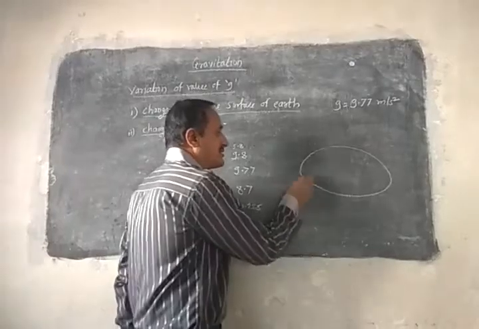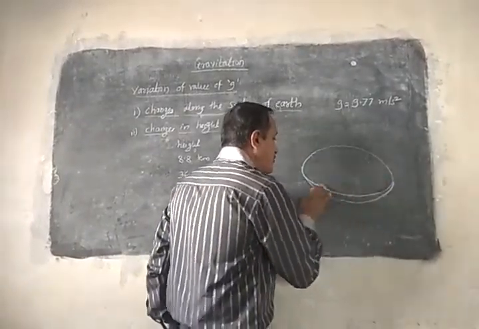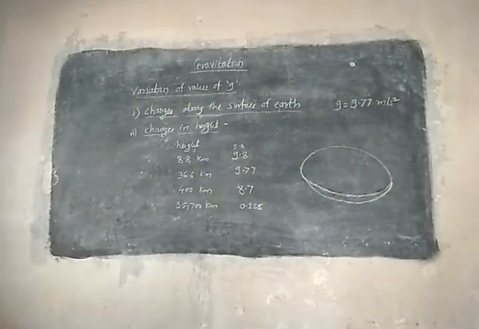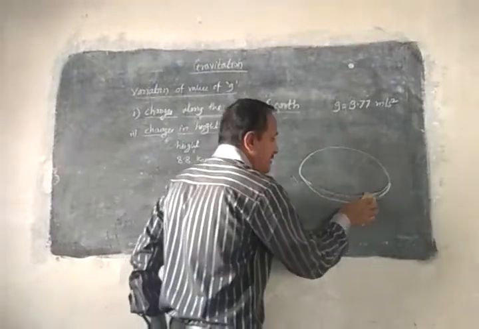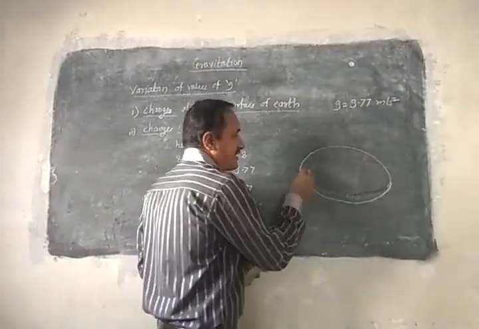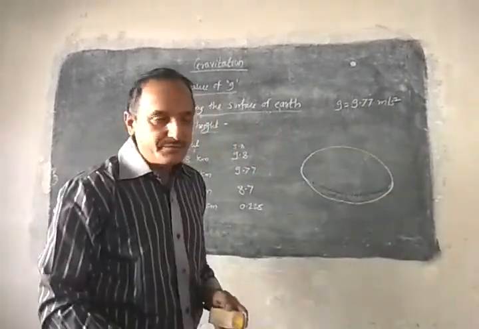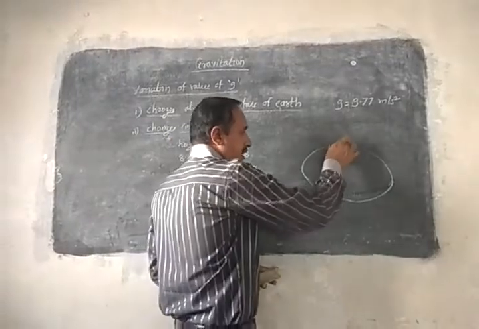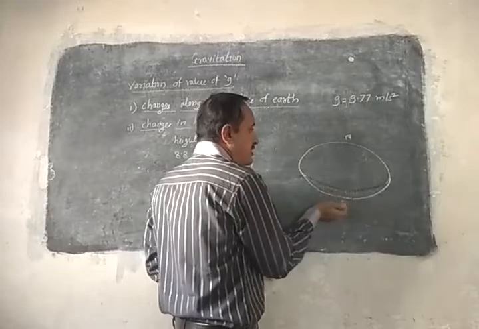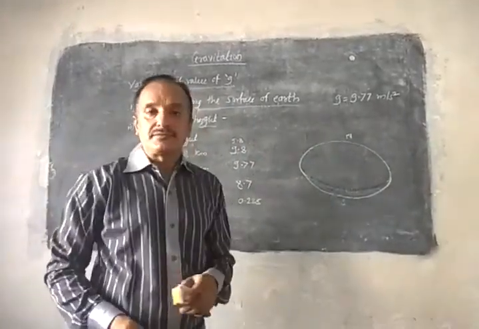Because the shape is not perfectly spherical, at the equator the Earth bulges out, and at the poles, the north pole and south pole, it is flattened. That is the shape of the Earth.